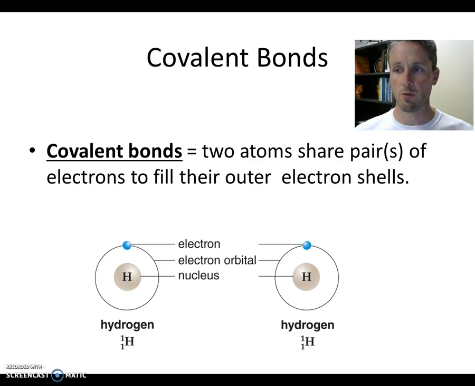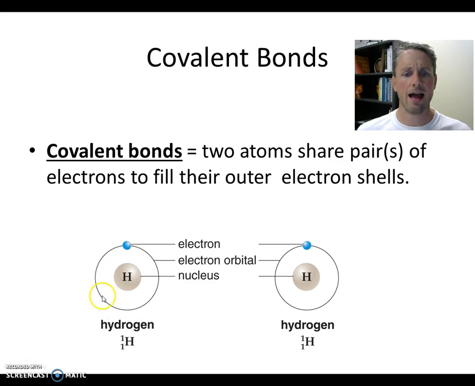The next kind of bond we want to talk about is a covalent bond. Covalent bonds occur when two atoms share pairs or a pair of electrons to fill their outermost shell. So here's an example of two hydrogen atoms. Remember, hydrogen has an atomic number of 1. It has one proton in its nucleus, 1 electron orbiting that nucleus.